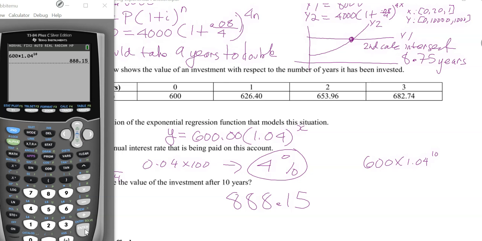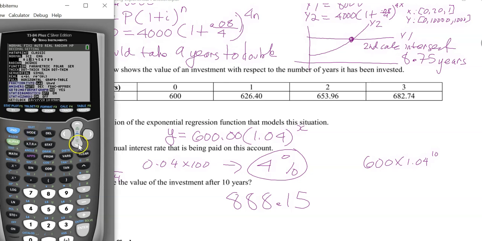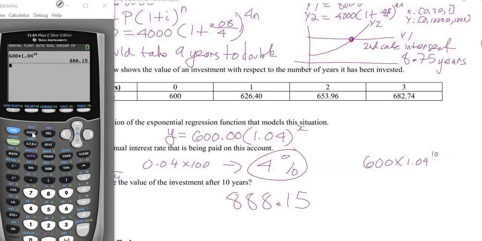Okay, if I go back to mode and go to float, let's see if I rerun the regression. So stat, calc, exponential regression is 0. Store regression equation, vars over to y vars, enter, enter, put y1.